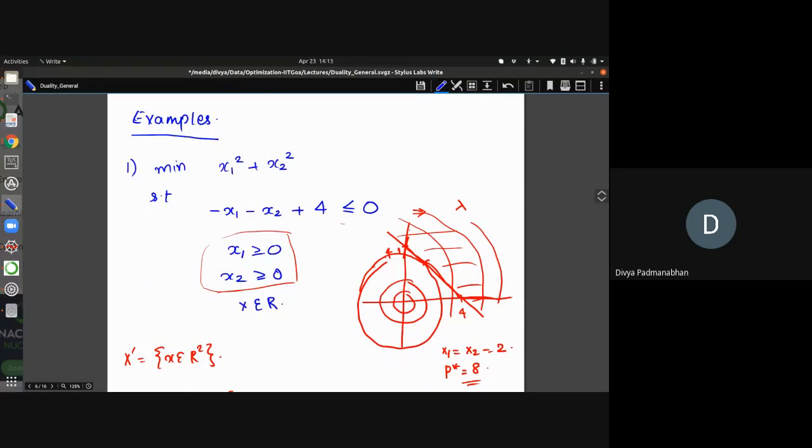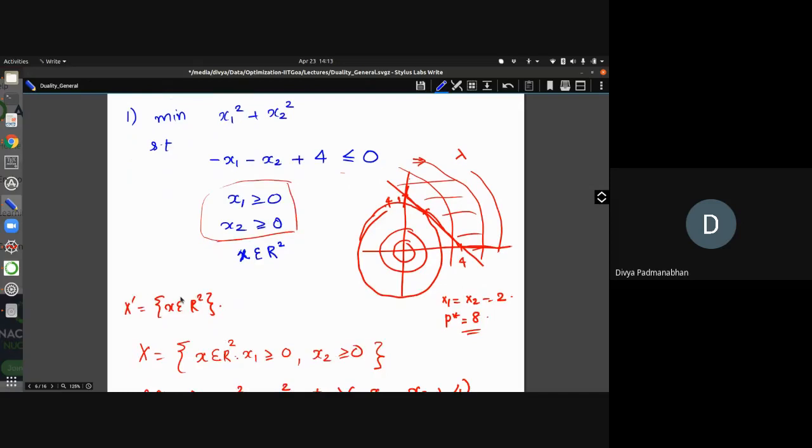Now, in terms of this capital X, you're free to choose it the way you want. So one option is you can take this X as R2 itself, in which case you will have multipliers for each of these three inequalities, and then you need to proceed and write the dual, following the procedure that we discussed yesterday.